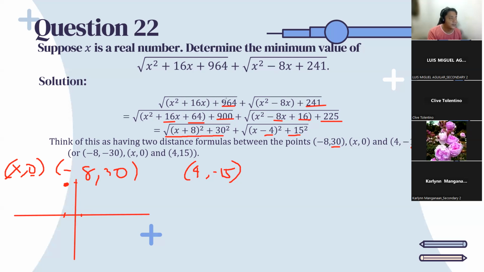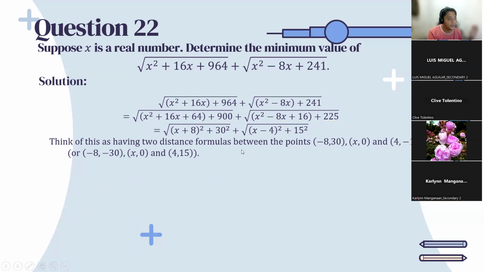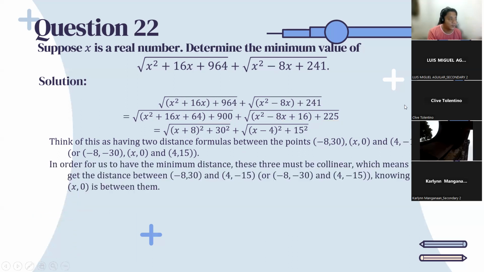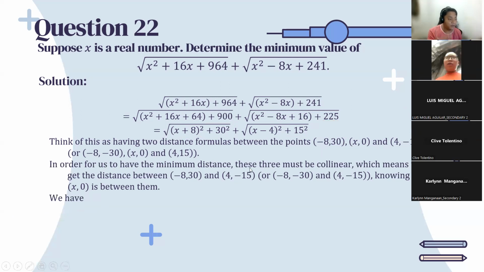Okay, so since we have that one, in order for us to have the minimum distance, these 3 must be collinear. Take note, these 3 must be collinear, which means we just get the distance between negative 8, 30 and 4, negative 15. That is the purpose. In order to get the minimum value of the whole expression, you just get the distance between the 2 points, because these are the only points that are clearly defined, not x, 0.